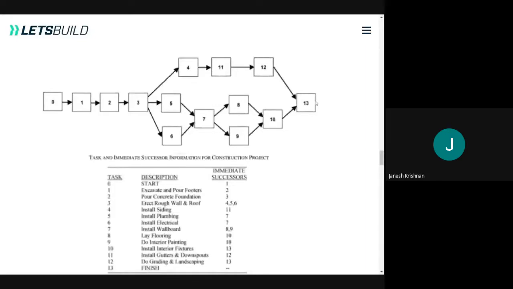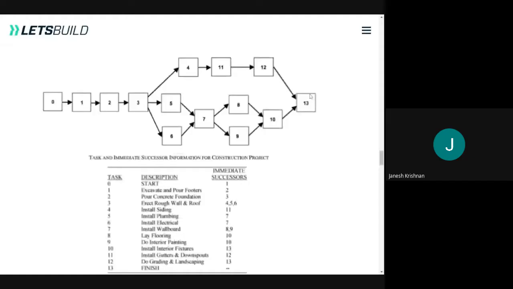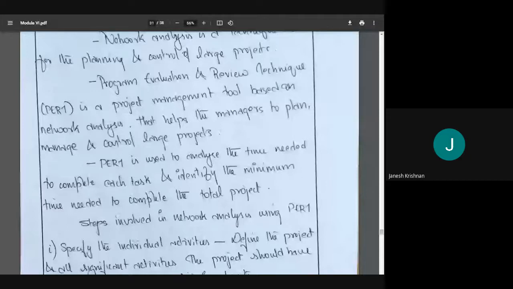We'll find out how much is the time required in order to complete the 13th event. Okay, and which is the critical path. That means the longest path. Right? Just understand the terms.